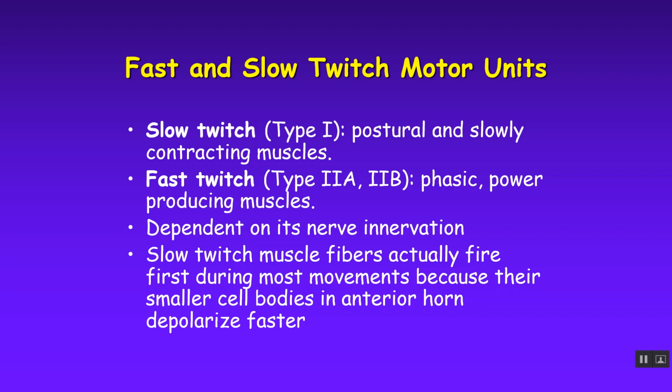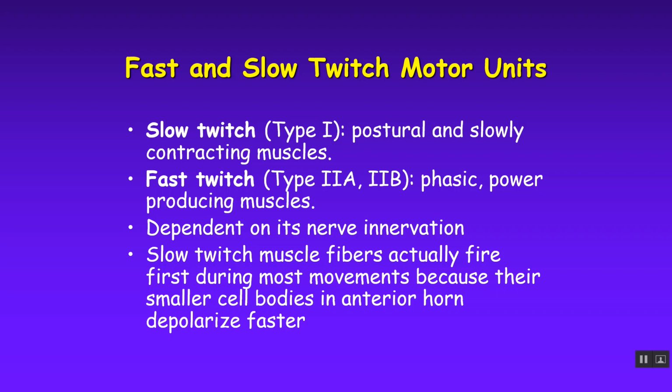What's interesting is slow twitch, though, you think slow twitch fibers are slower, right? So they'd maybe be a little slower to contract or turn on. They actually fire first during most movements because they have a smaller cell body that depolarizes faster. And so when you're getting ready to do a quick movement, you better have your core and your postural muscles ready for that quick movement before you do it, or else you're going to throw yourself off, right?